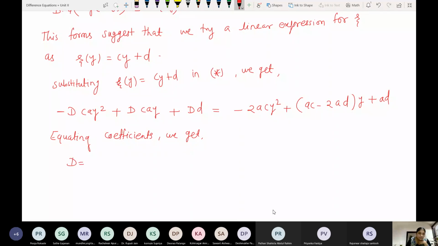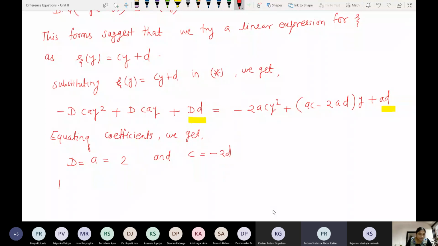Capital D must be equal to A. D is equal to A is equal to 2. And C is equal to, we will get minus 2 times D. Right? Yes, ma'am.